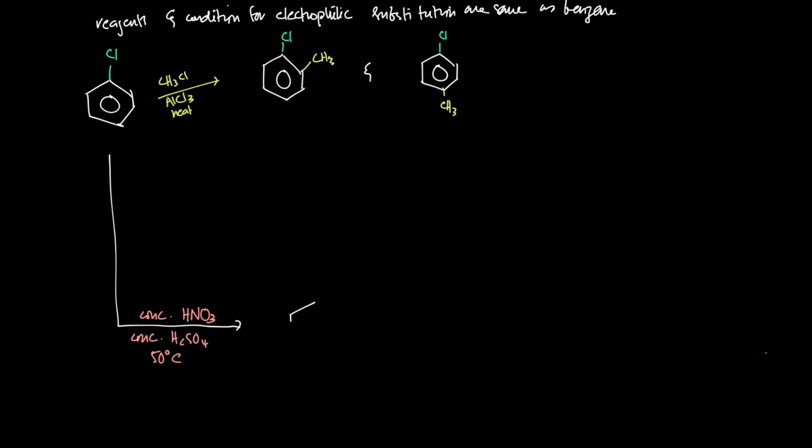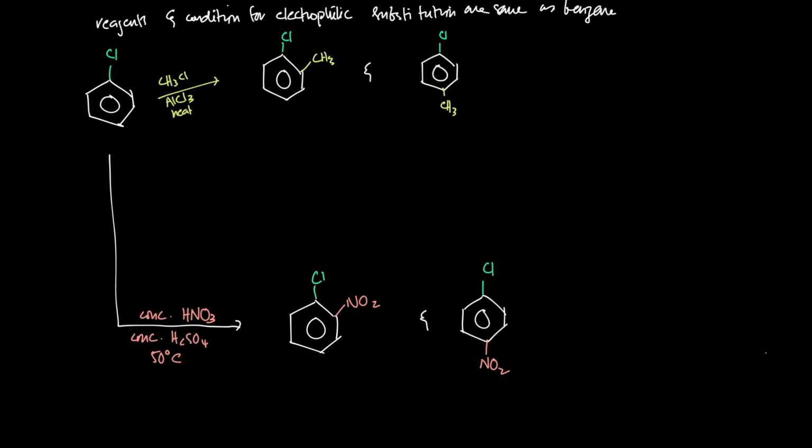I'm going to get chlorine again, and then the nitro group will either go here, or my other possible product will be where the nitro group goes on the 4 position, opposite the chlorine.